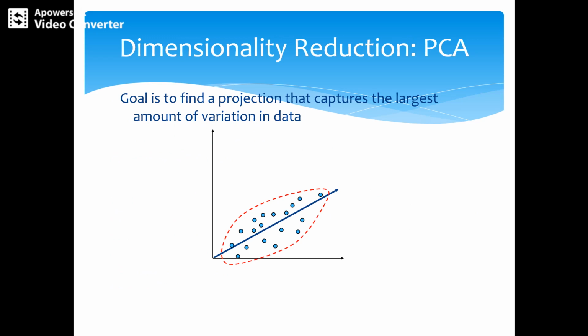The goal is to find a projection that captures the largest amount of variation in the data. We draw a straight line from the origin, with all the data points around the middle. This is the linear algebra technique to project the data from a high-dimensional space into a low-dimensional space.